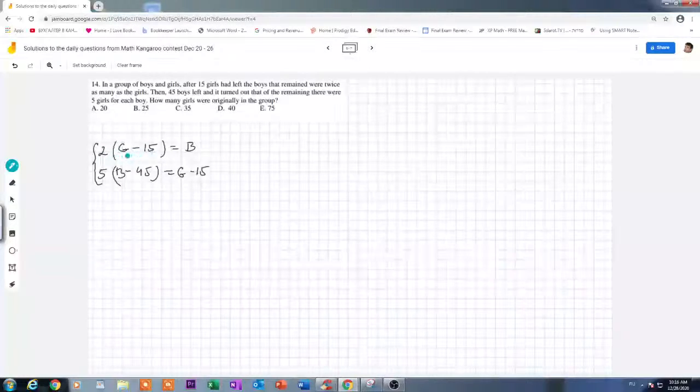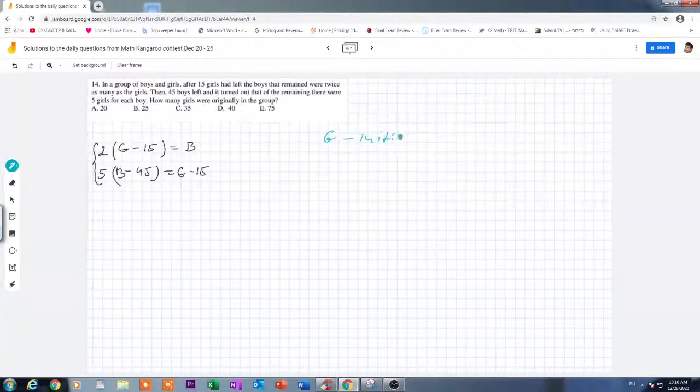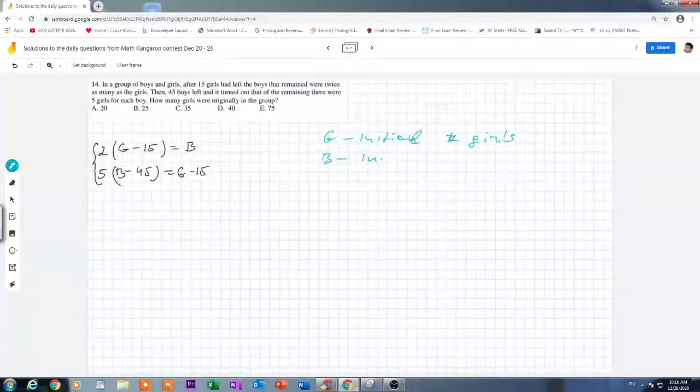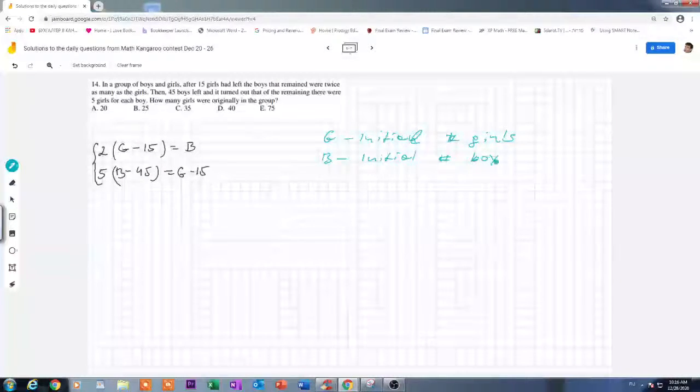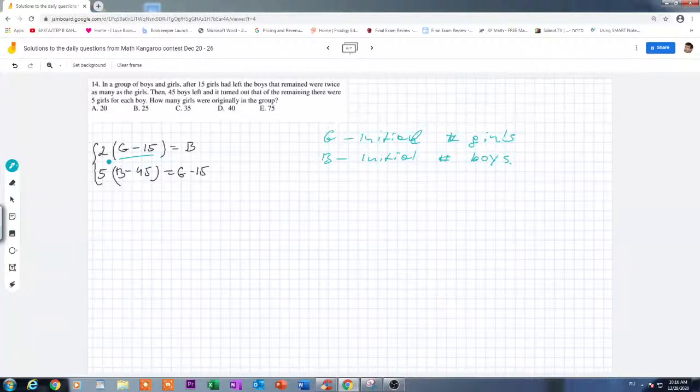First scenario, let's say G will be the initial number of girls, and B the initial number of boys, right?